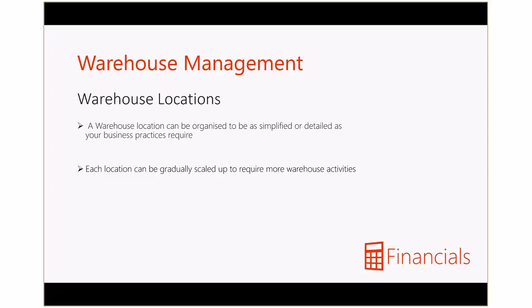Typical warehouse activities include things such as putaways for inventory, moving the inventory within your warehouse itself, and actually picking them up for different practices. Within Financials for Office 365, we have assembly management, production management, as well as sales and transfer orders. So this is going to be a couple of things that we discussed today. You'll also be able to see this a little bit more in detail in the manufacturing webinar next week.